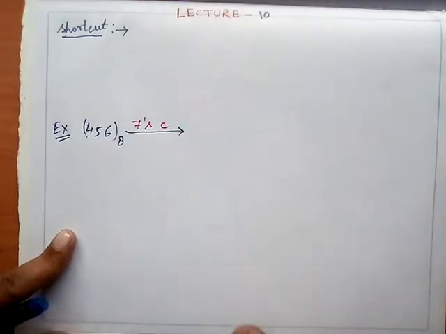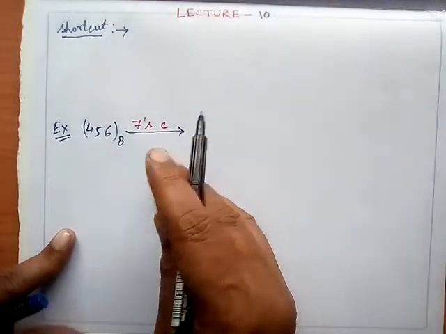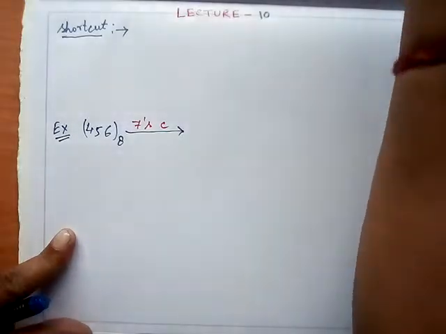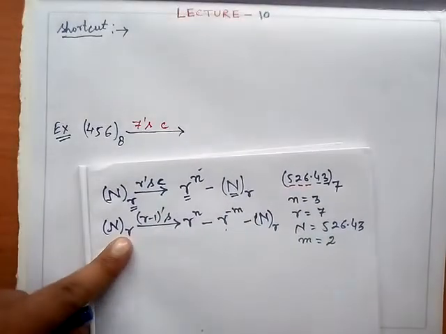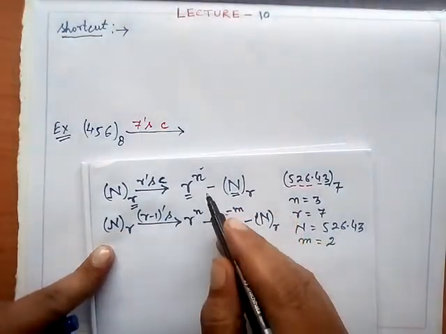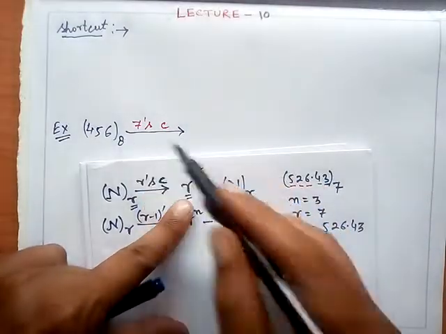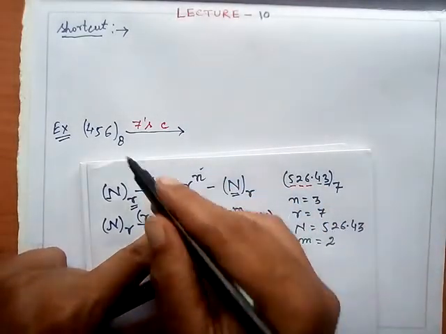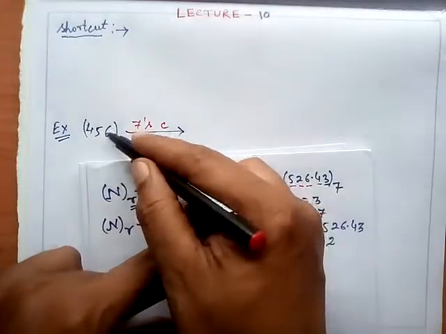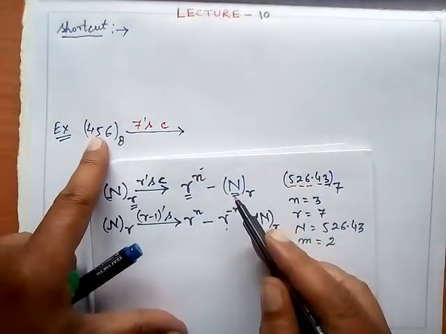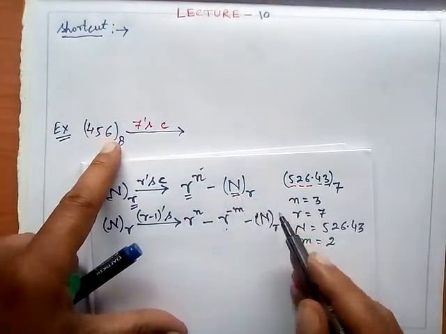So the 7's complement of this, what is the problem with respect to this definition? The value of r is 8 in this case. The number of digits in the integer part is 3.